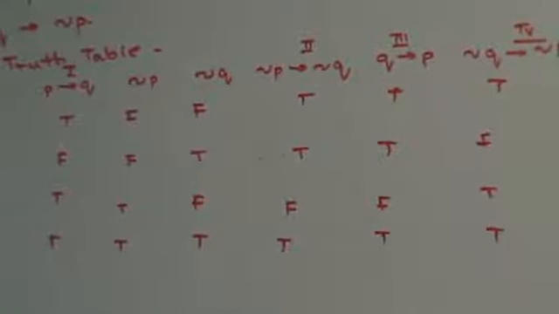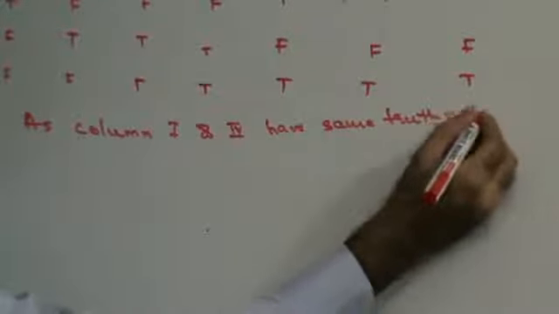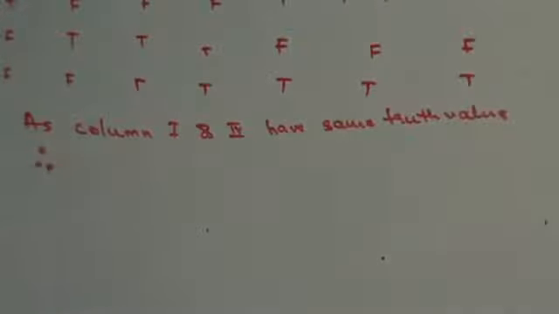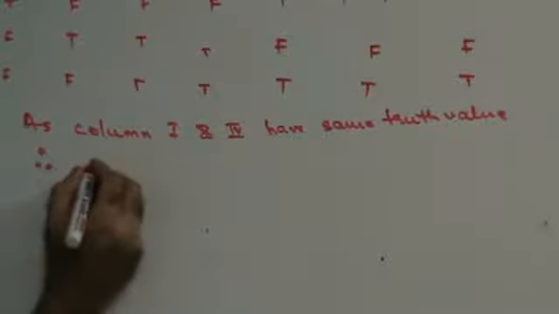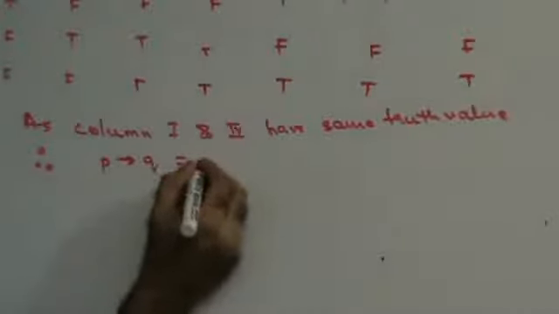You will see that column 1 and column 4 have the same truth value T, F, T, T, and column 2 and column 3 have the same truth value T, T, F, T. Therefore I can say that P implication Q is logically equivalent to not Q implication not P.